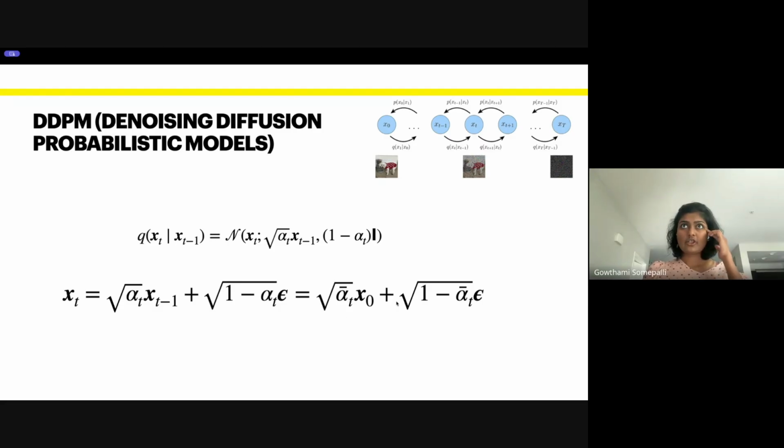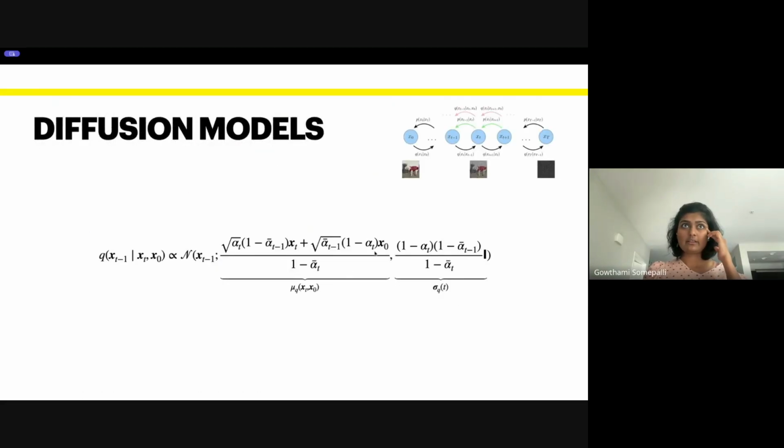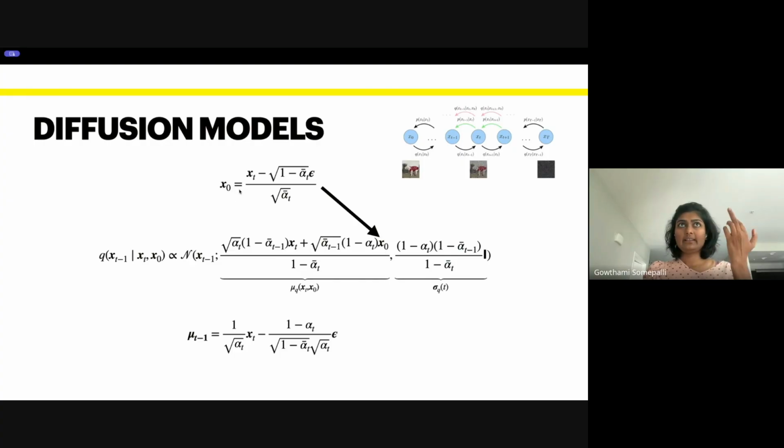So let's take this equation and substitute it here. This is what the authors have defined in that particular experiment. Again, the alpha t's are all time-dependent terms.